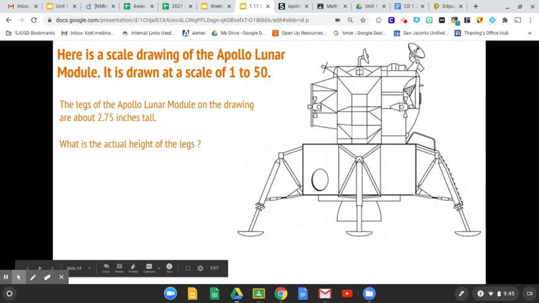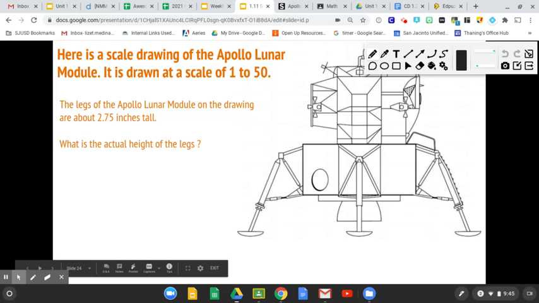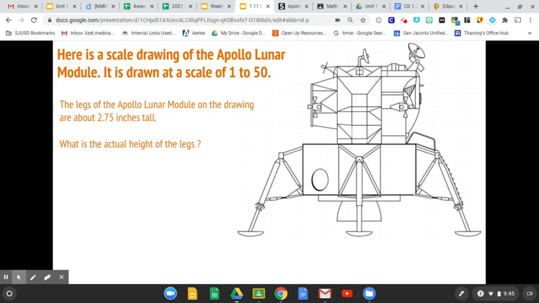Next question. Same scale. Now it says the legs of the module on the drawing are about 2.75 inches tall. What is the actual height of the legs? So again, same situation. We're going to make our table with drawing and actual.